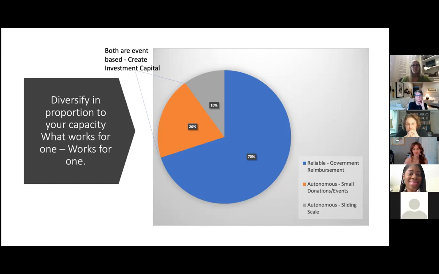So if you think about this revenue model a little more deeply, let's look at the gray and orange: small donations and events and sliding scale fees for, let's just say, a training class. Let's just use that as an example. So a class and an event are both events, right? So they have the infrastructure from an event staff perspective, from a registration or database perspective, likely from an accounting perspective.